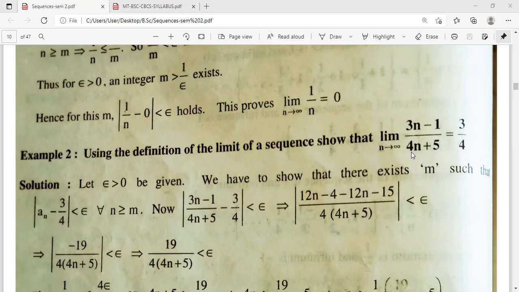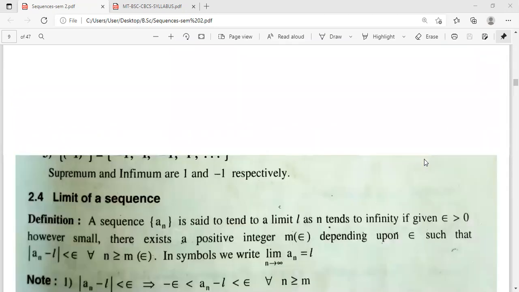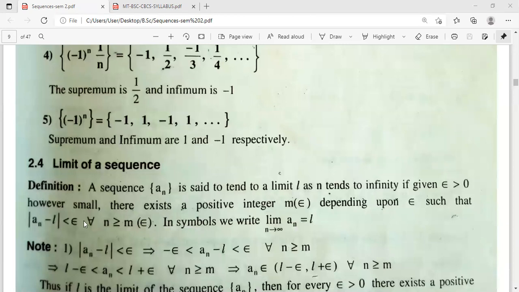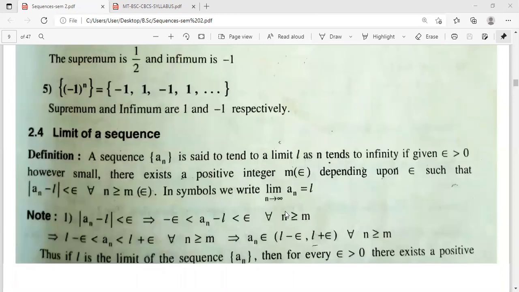This entire thing you write as a_n, this you write as l. According to the definition of the limit of a sequence, limit a_n as n tends to infinity equals l. The same you are writing here.